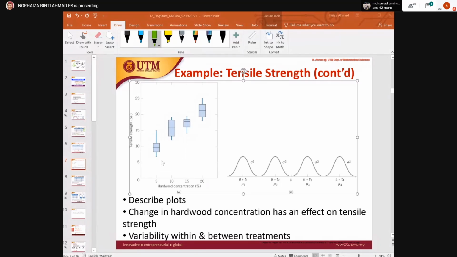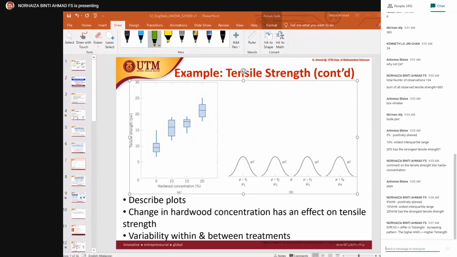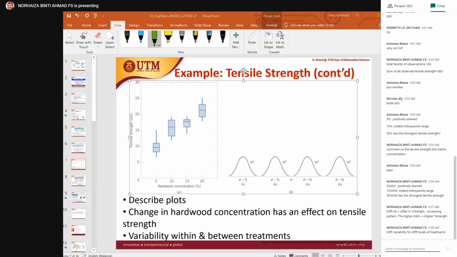So within each treatment, you can see, Antonius, you mentioned that, what about? Here you've got different variability for different levels of treatment. Let me write it here quickly.